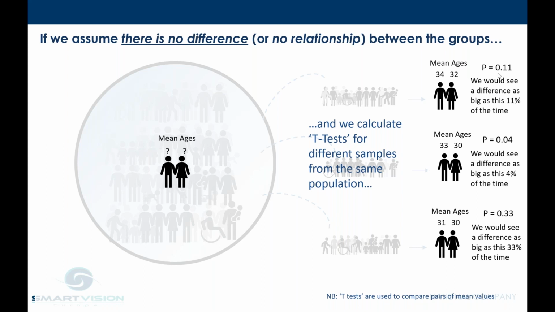That's how we would interpret the p-value. You would see a difference as big as this 11% of the time, even if there was no difference between the two groups in reality. So that's a clue right away here.